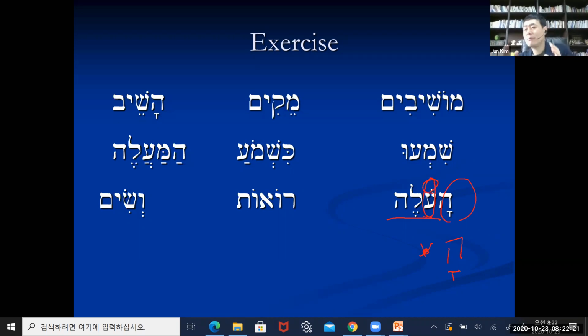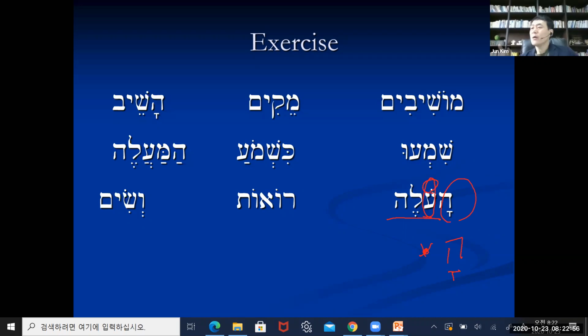So now, if you have preformative he or he in the beginning, then you need to think about possibilities all the time. What are they? Actually, three possibilities. Number one, preformative he for Hifil. And number two, interrogative he as well. But in case of interrogative he, the specific vowel point should be composite shewa, so shewa and then patach. And in this case, you need to also think about definite article he.